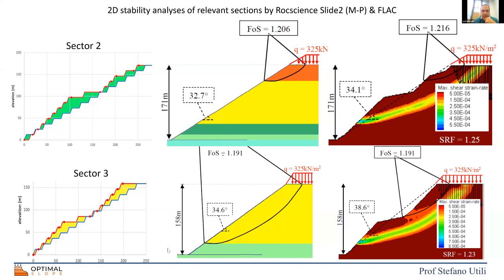I just want to note that here we have 4 different layers, and therefore in this case the optimal shape that results is quite, I would say, not intuitive. Instead, in sector 3, where it is simpler, you can say it's partly convex, partly concave.